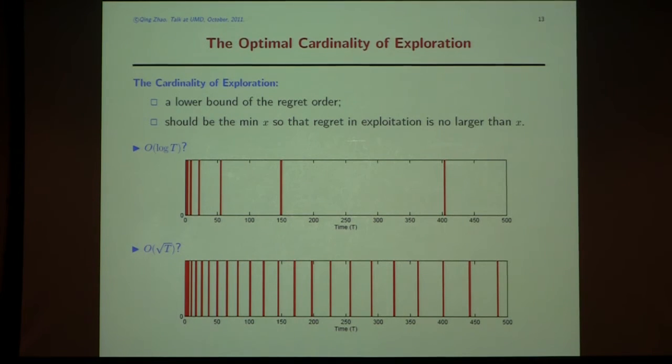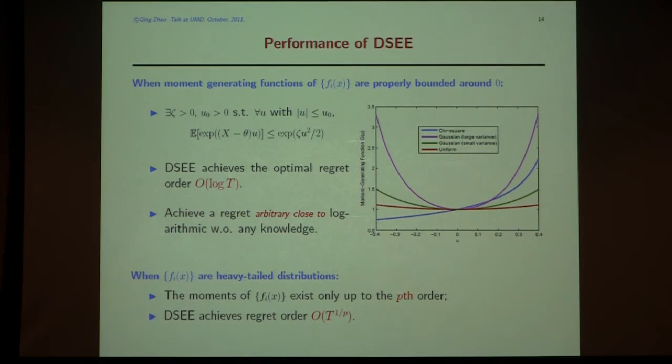And the result is the following. Here we don't need to know what distribution types we are dealing with. We don't have to know whether it's Gaussian or Laplacian. We only need the moment generating function of the distribution to satisfy certain conditions. It's actually a very mild condition.